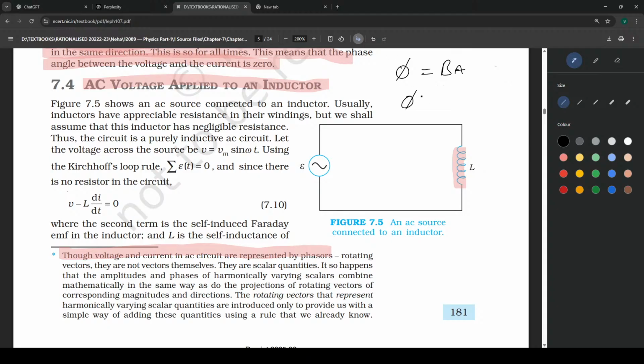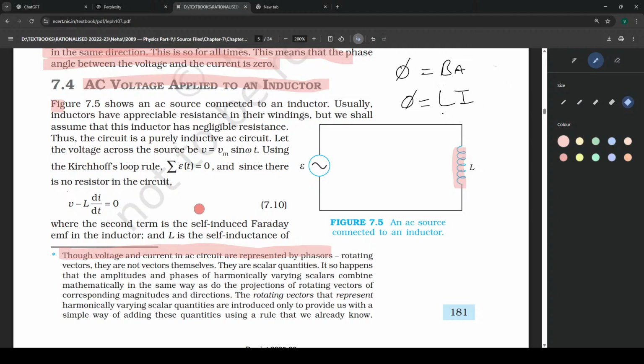Another formula for magnetic flux is phi equals L into I, where L is the inductance and I is the current. This is an important formula with respect to this derivation, and L here is a constant. In case of an AC circuit, we know that I will be continuously and periodically varying in magnitude and direction respectively. Now with that, let's continue.